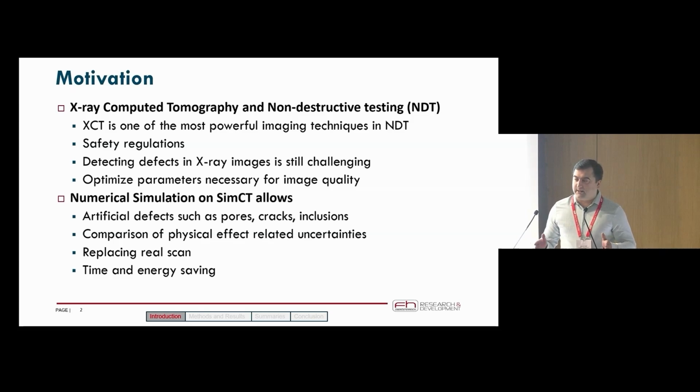This tool can be used for artificial defects such as pores, cracks, and inclusions. They can be inserted in the specimen, and we can create a realistic simulation. It can also be used for comparison of physical effects and uncertainty-related cases. It's kind of replacing the real scan and creating a realistic image as in specific CT devices. This is quite important to save time and energy.